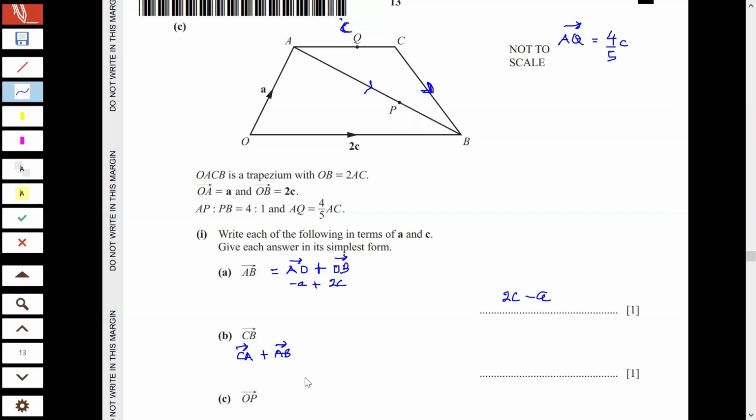Okay, vector CA plus vector AB. Now, vector CA is negative C, as seen from the diagram here.